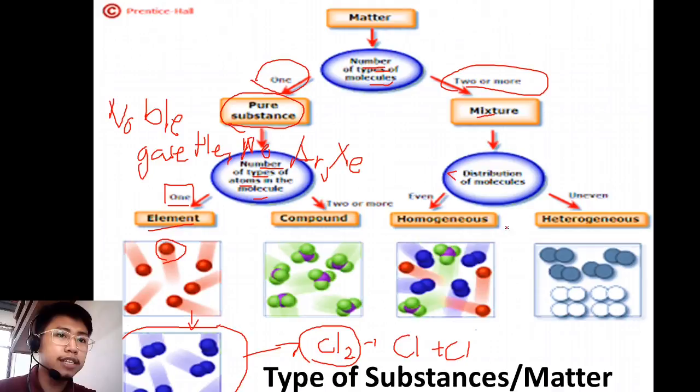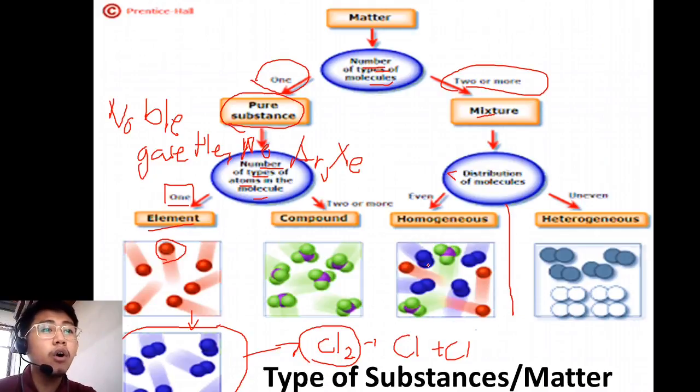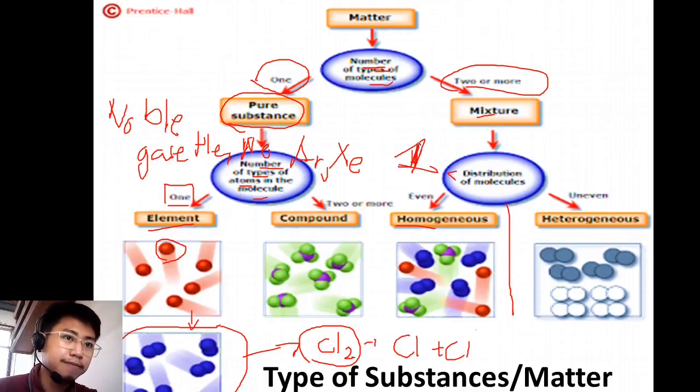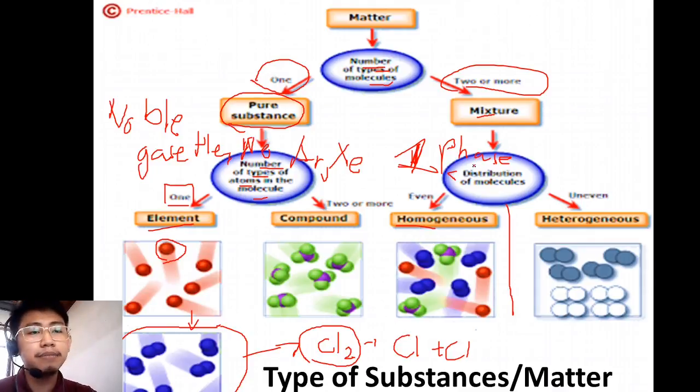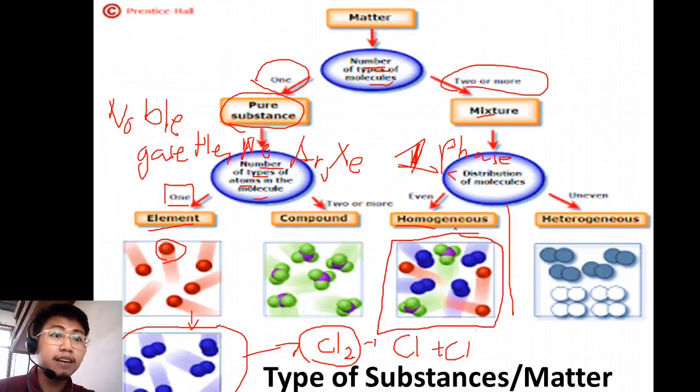In the first set, we have homogeneous mixture. Homo means one, and it means one phase. When we say one phase, you cannot distinguish by looking at it the different substances that are mixed in it. It's like the air. Air is an example of a homogeneous mixture. You cannot differentiate the nitrogen and the oxygen in the air because they are all invisible, and there is only one phase.